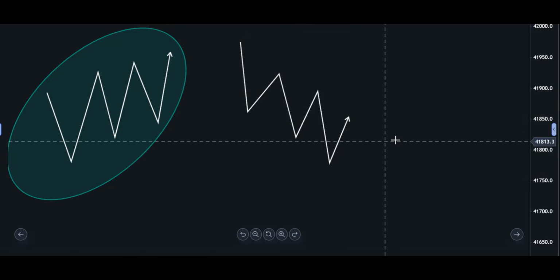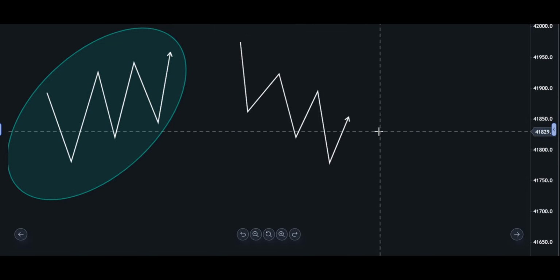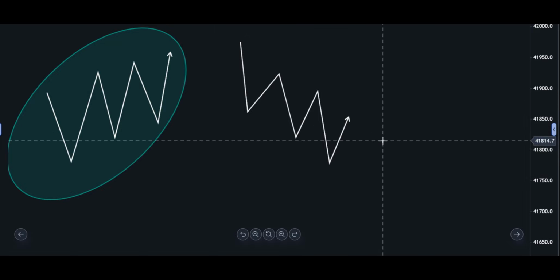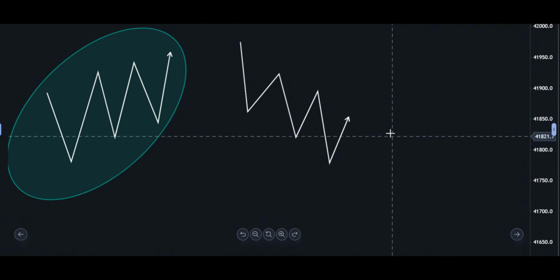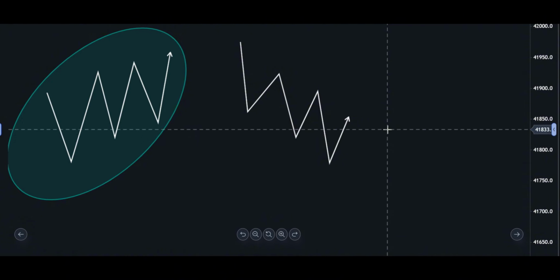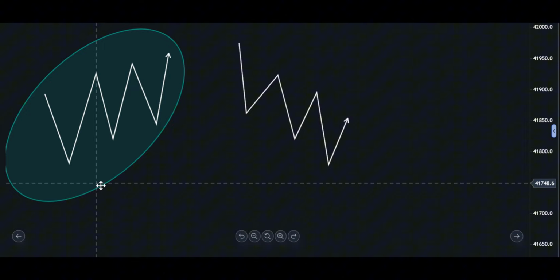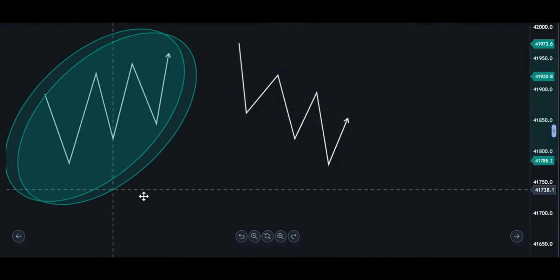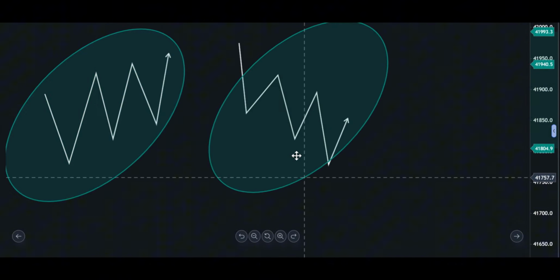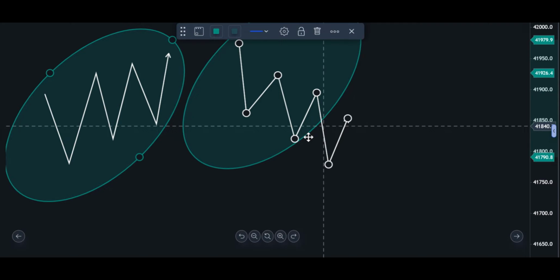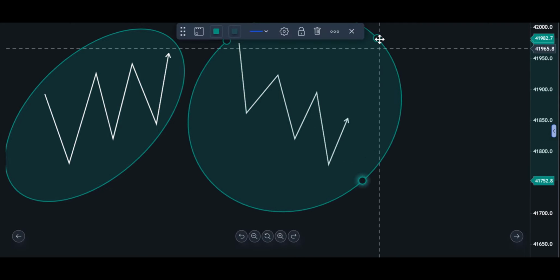The response of price to supply and demand dynamics leads to the formation of market structure. So this is a market structure in general. Also, when we are talking of market structure, this is what we are talking of. As you see here, this is a market structure.